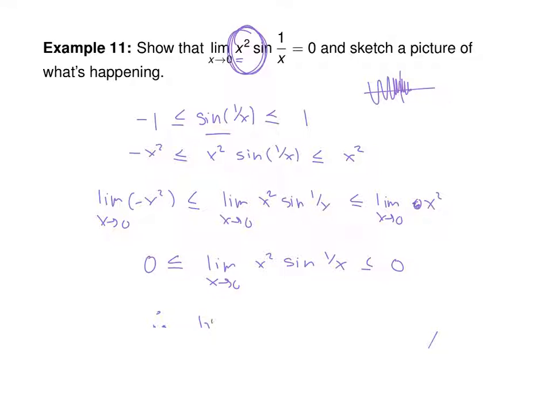So therefore, this limit also is 0. And the tricky thing there is the showing it involves telling me what this thing is in between, saying that, okay, well those things it's in between both go to 0, therefore this thing goes to 0. And the hard thing was to figure out what it was stuck between.